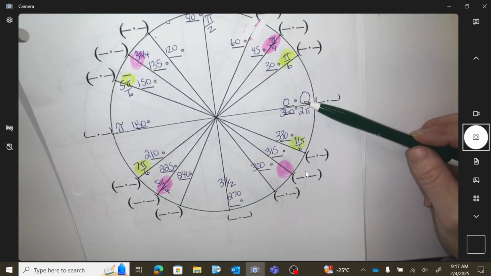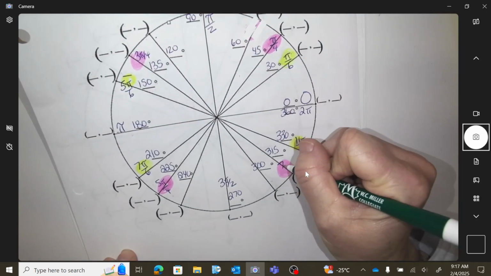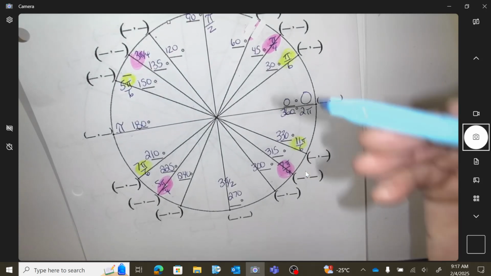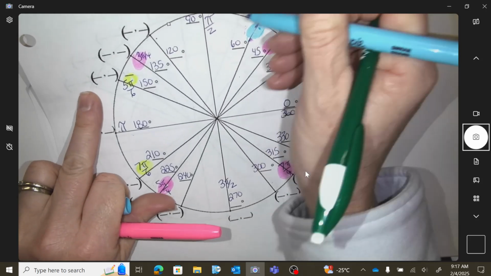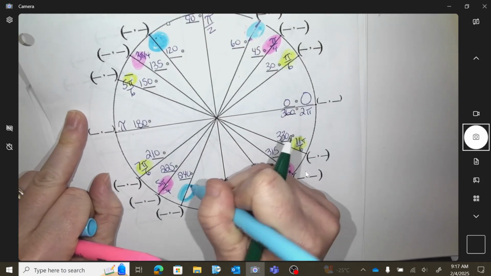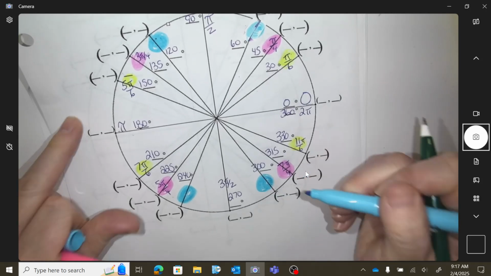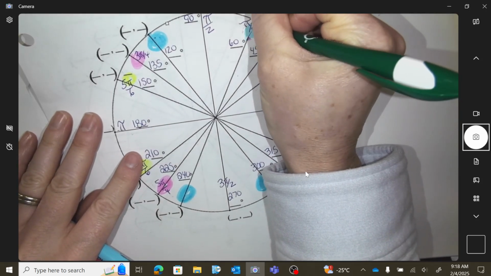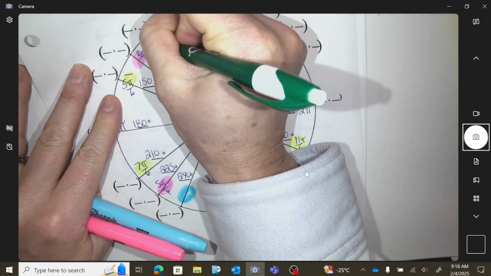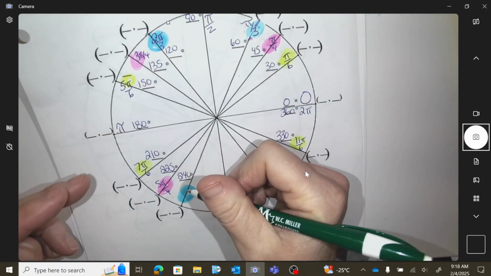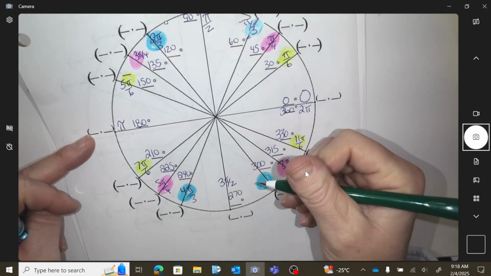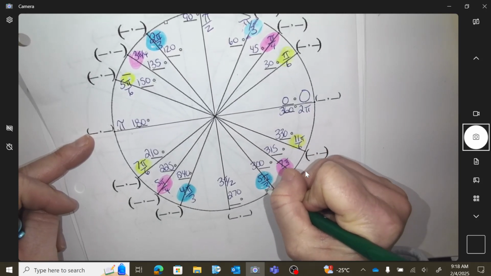The full thing would be 8 over 4, thus 7 over 4. And then you're going to do all the 60-degree spots. So 60 comes from 180 divided by 3. So pi over 3, 2 pi over 3, 4 pi over 3, and 5 pi over 3.